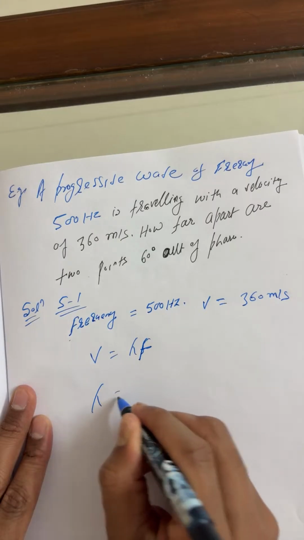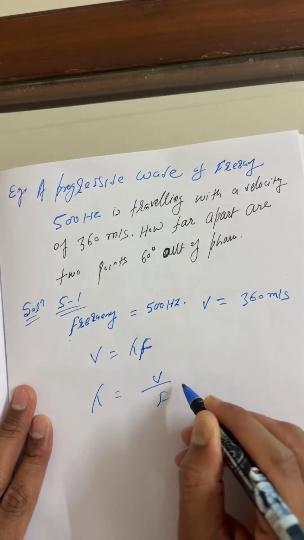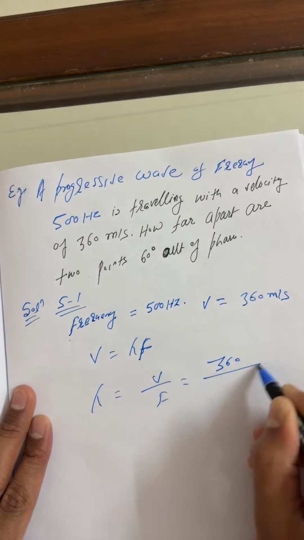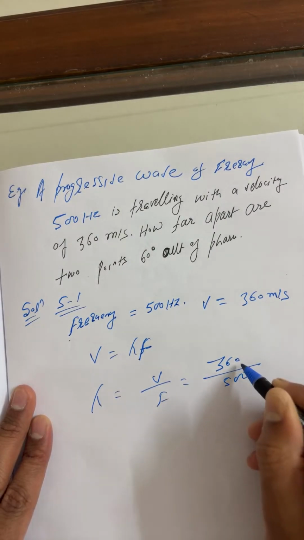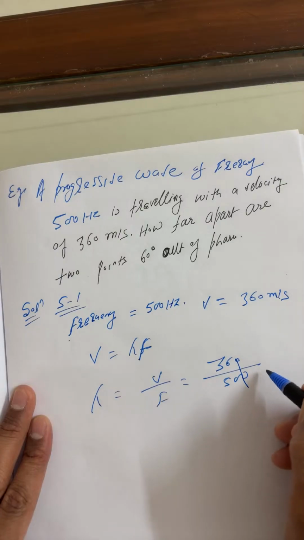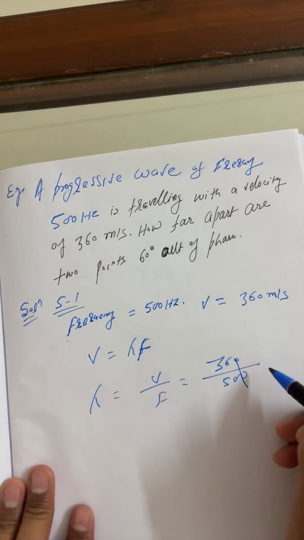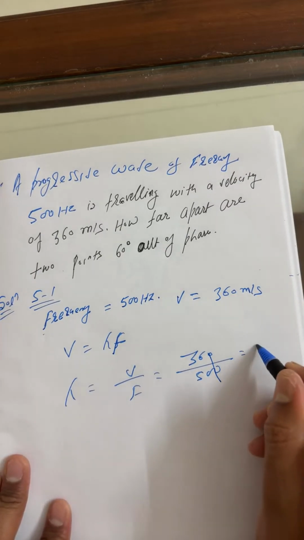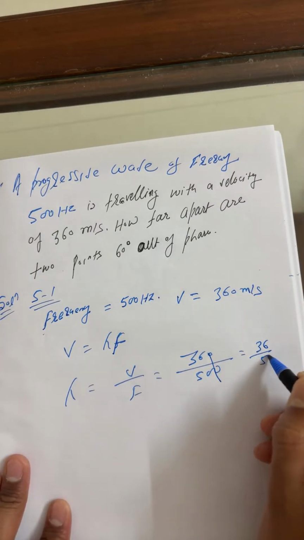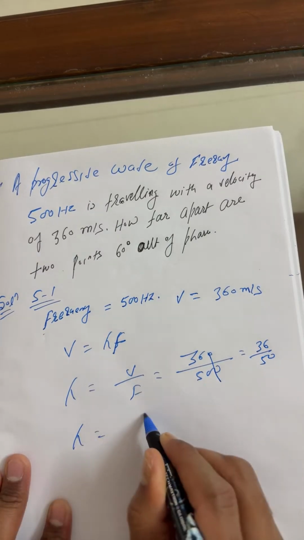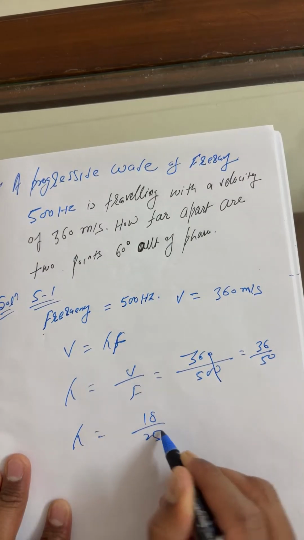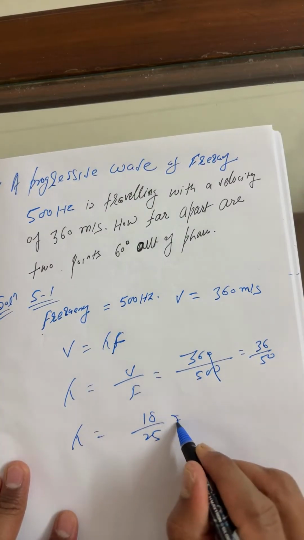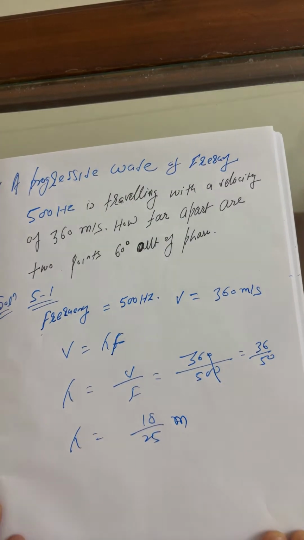So lambda equals v upon f, which is 360 upon 500. Cancel here, so 36 upon 50. So lambda is 18 by 25, in meters.